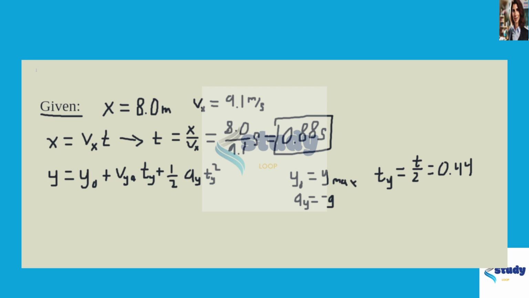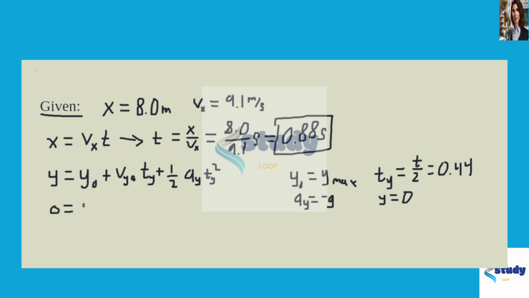And we're also going to assume that he lands on the ground. So the final landing position, which is y, is equal to 0, okay? And since he jumps in the x direction, at this point, there's no velocity in the y direction, okay? So we have everything here we need to solve for y max, or y of 0. So let's just plug in what we have.